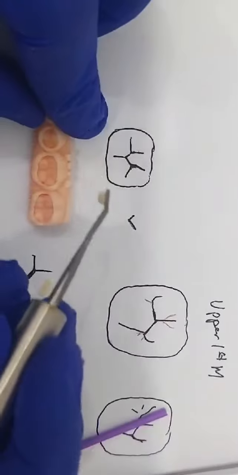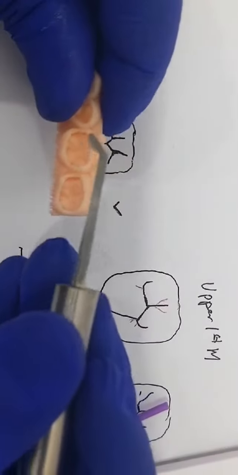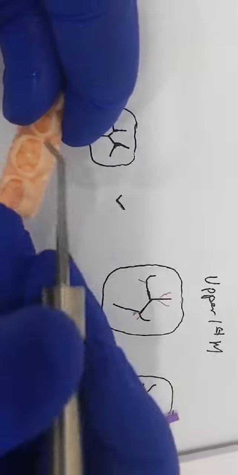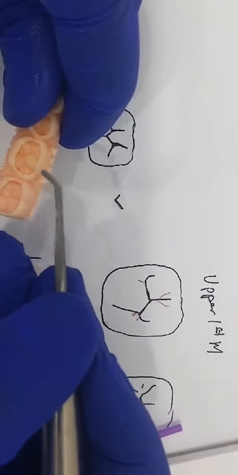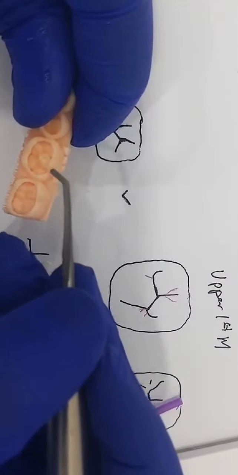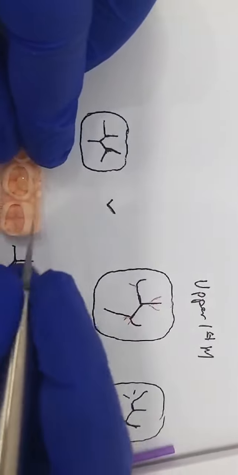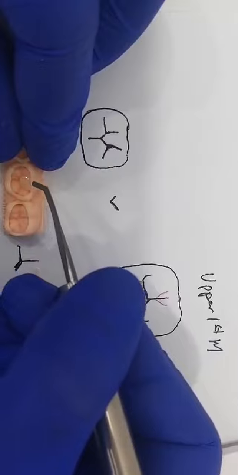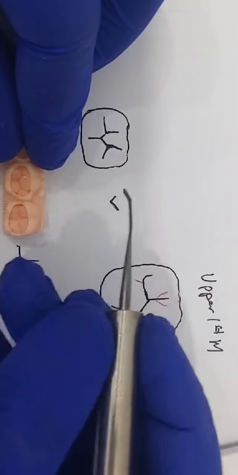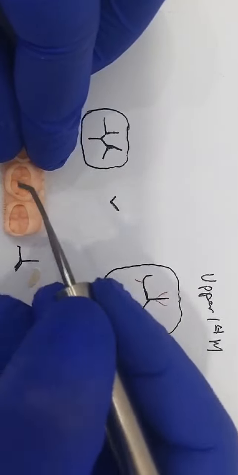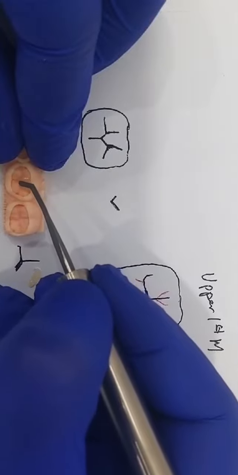So I've got a little ball of composite and we'll just place it in the middle. Again, just seal the edges so it doesn't fall off. And then we're just nudging it towards the central groove.